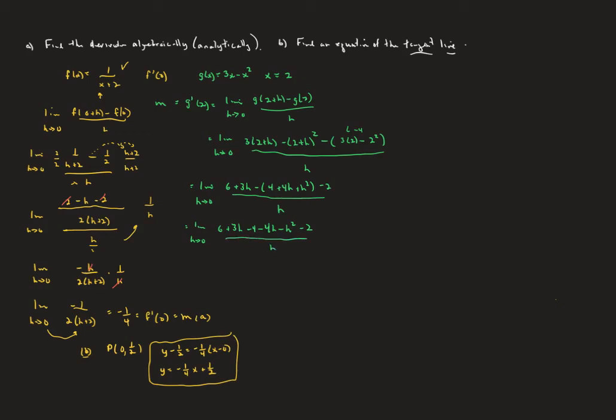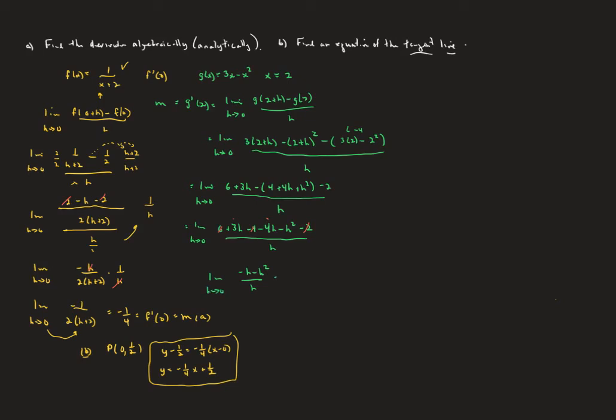So hopefully everything without an h is going to cancel. 6 and the -4 minus 2 kill each other off. And it looks like the 3h and minus 4h is going to get us a -h minus h squared all over h. And we're still going to take the limit as h goes to 0.